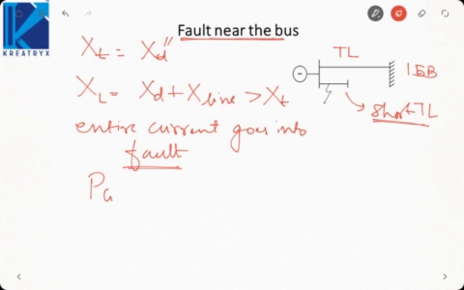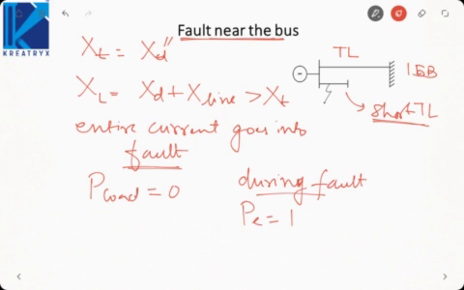And as I told you, during fault, what was happening is electrical power equal to Pmax2 sine delta. Now since I am saying entire current goes into the fault, the electrical power is 0, which implies Pmax2 is 0.